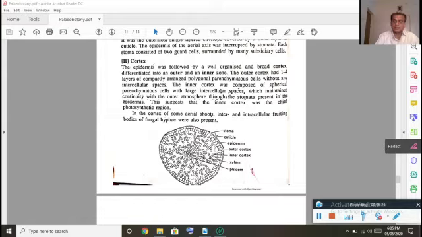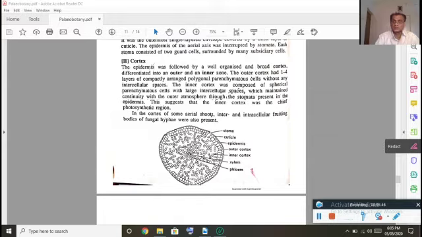As the plant had no leaves, chlorenchymatous tissue, chlorophyll-containing tissue, is present in the cortex. The major photosynthetic region in the Rhynia plant is probably this green stem.